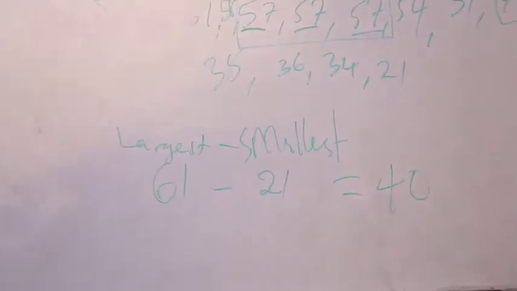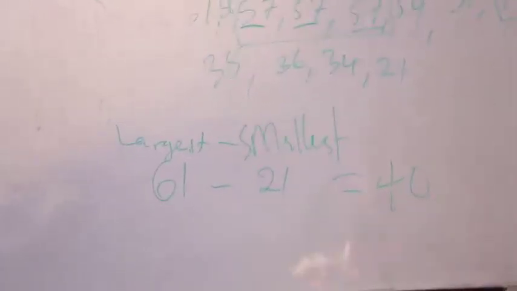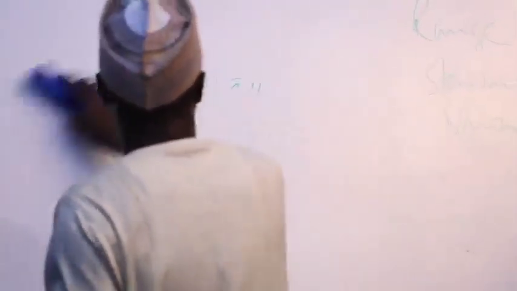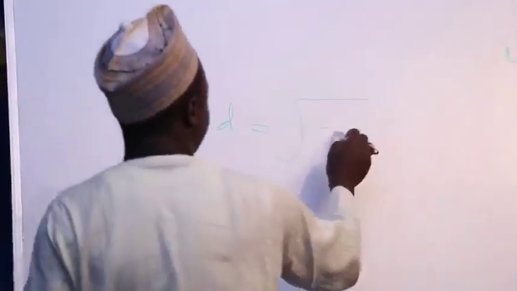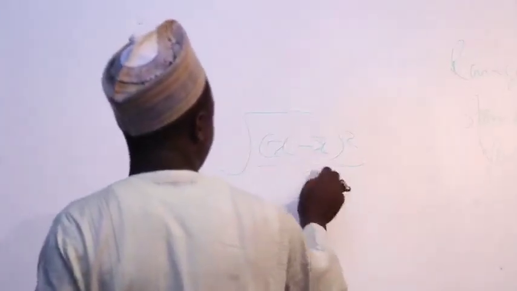But then if we want to see the variability, then we compute the standard deviation of this. And standard deviation is given by an expression which shows standard deviation is equal to the root of the summation of x minus x bar squared all over n minus 1.